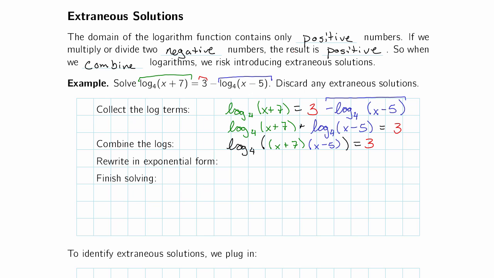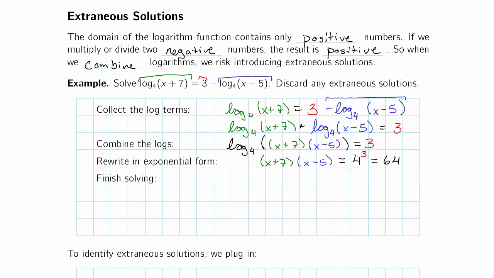And now we have a single log equals a number. We can rewrite that equation in exponential form. So on the left, we'll have the argument of the log, x plus 7 times x minus 5. The base stays 4, and we have 4 to the third, which arithmetic tells us is 64.